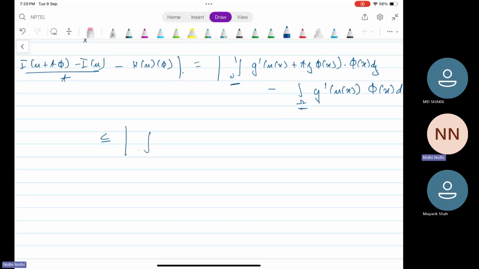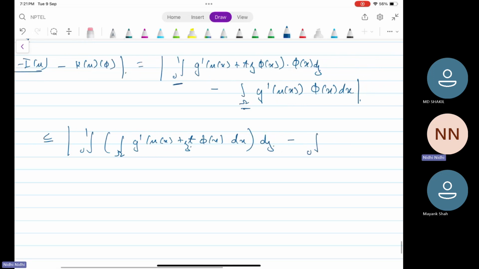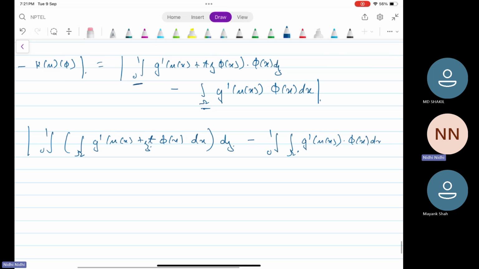I'll write the modulus of the integral from 0 to 1, and the inside term I can write as the integral over Ω of g'(u(x) + tzφ(x)) φ(x) dx dz minus the integral from 0 to 1 of the integral over Ω of g'(u(x)) φ(x) dx.